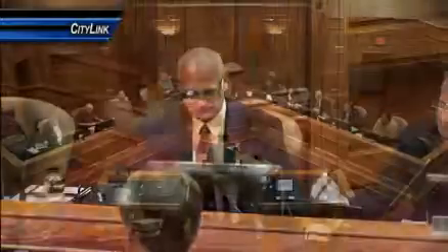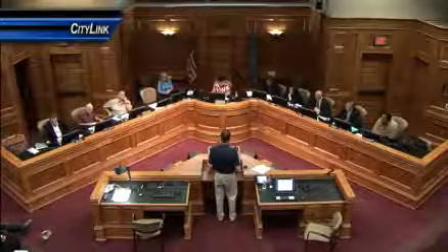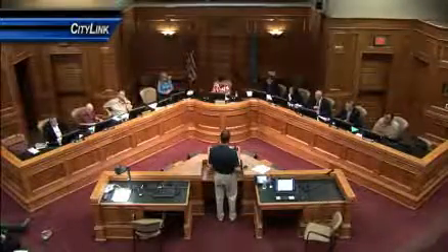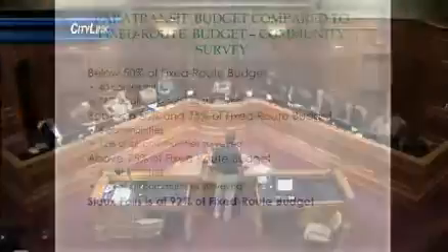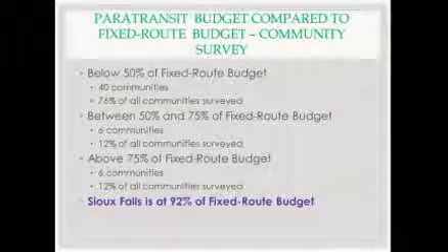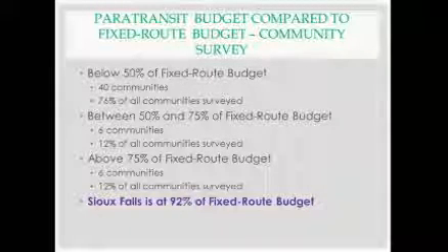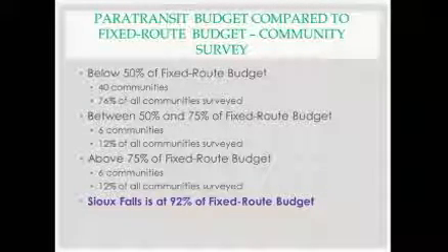I was interested in the slide. If you could go back to one of your first slides about the 92%. The paratransit budget is 92% of the fixed route budget. Fixed route budget, yeah. And there were other cities where it was much less.